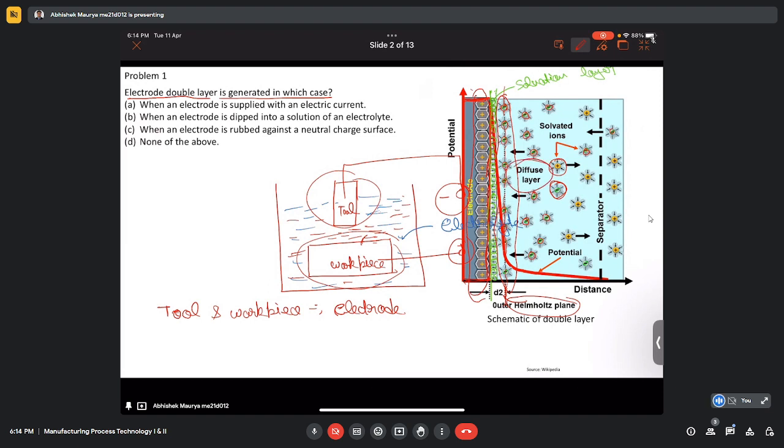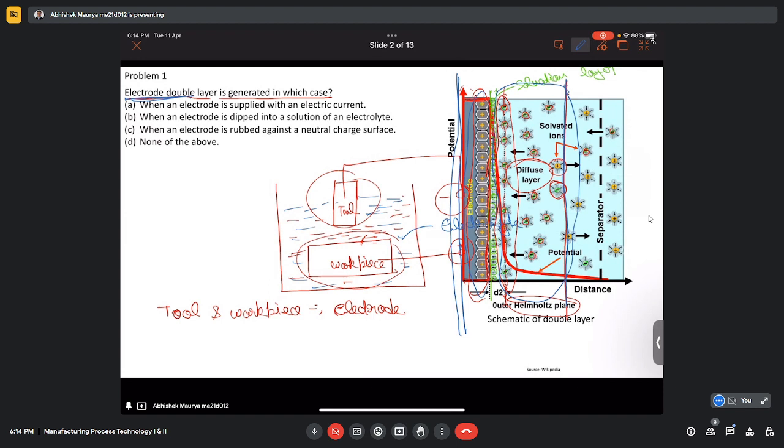Overall, in the region between these two planes, there is a layer of positive charge and after that a layer of negative charge, and that is called the double layer. That is the question. So the double layer is nothing but a layer of two different types of charges.